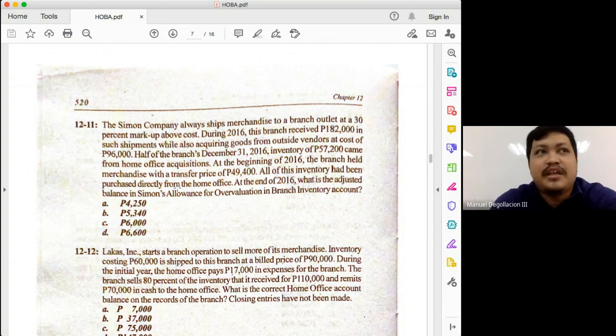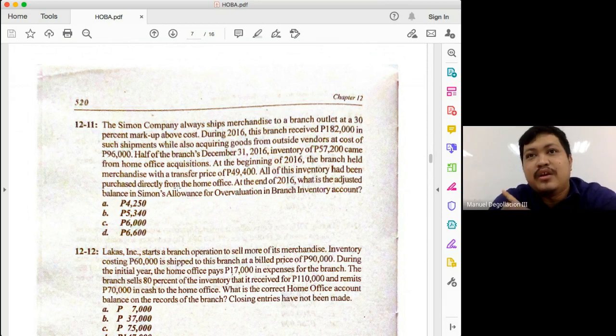Or: how much is the inventory of the branch to be included in the inventory of the company as a whole? If the question is asked that way, then you are asked for the true cost of the branch inventory. Okay, so please remember, understanding the question would be 50% already of the problem solving process, class. Understanding the question is very important.